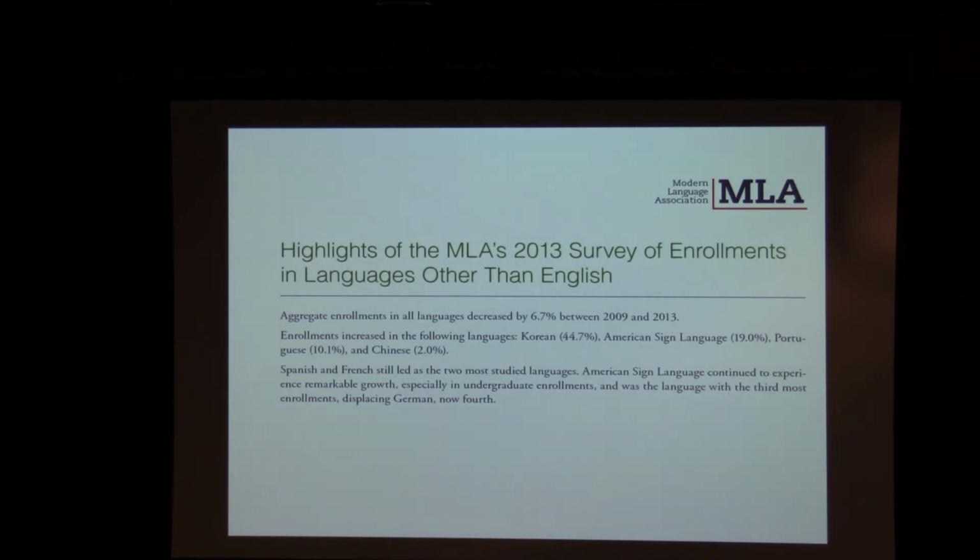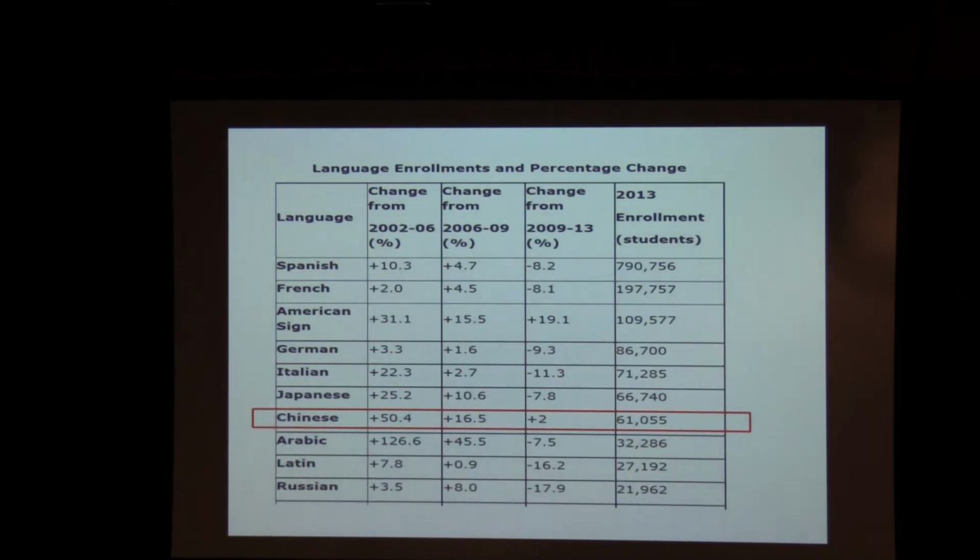So Chinese is not doing that badly. It's doing okay compared with other languages that show an overall decrease. But even with a 2% increase, and Japanese a 7.8% decrease, Chinese is still behind Japanese.